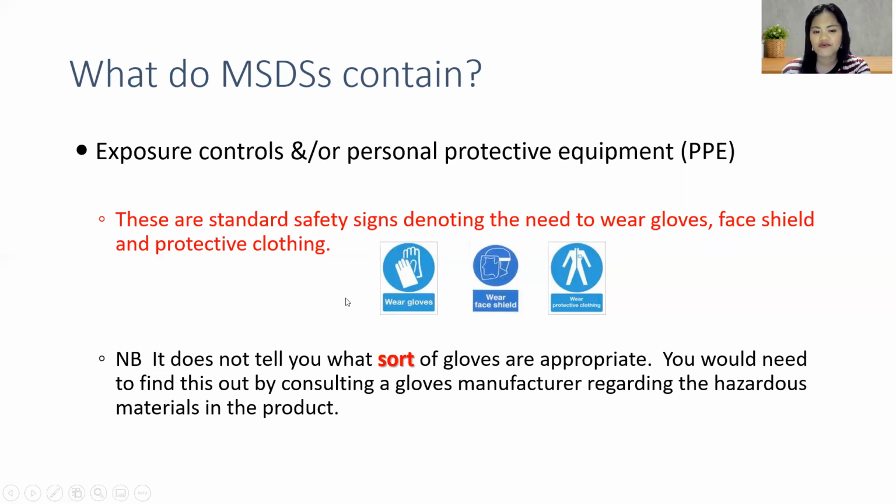You have to wear goggles, gloves, and also you should do it in a fume hood because it's volatile and it can really irritate your skin and your lungs. Okay, there are standard safety signs denoting the need to wear gloves. Okay, so the face shield or the protective clothing.